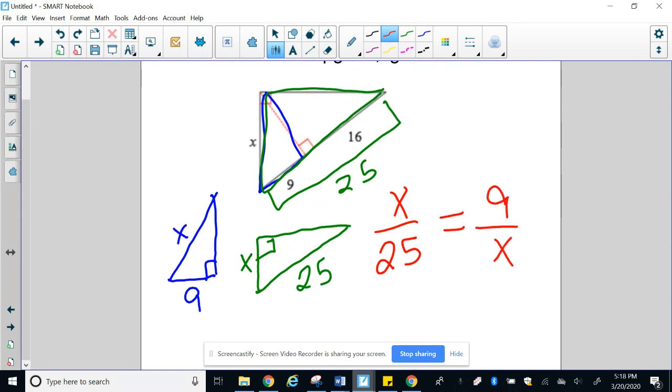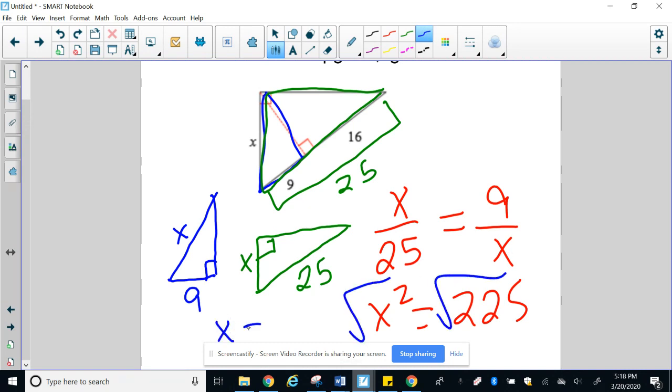Cross multiply and solve. Okay, so multiply across, x squared equals 25 times 9, 225. Okay. Square root both sides. Okay, and x equals square root of 225, that's 15. Okay, so that'd be my answer.